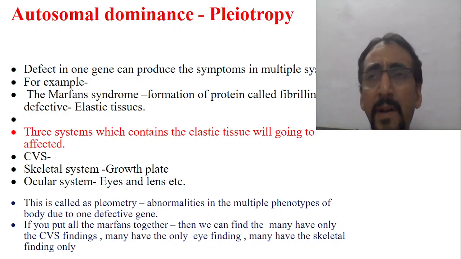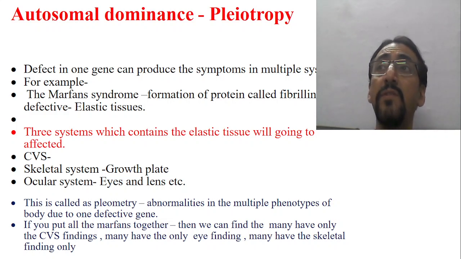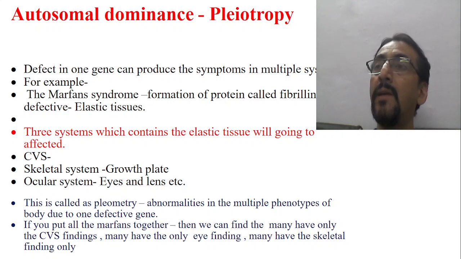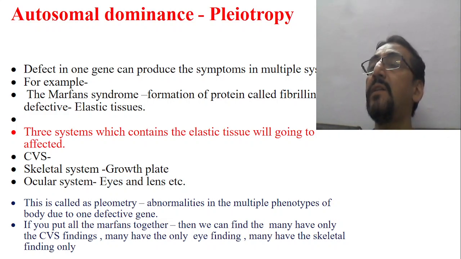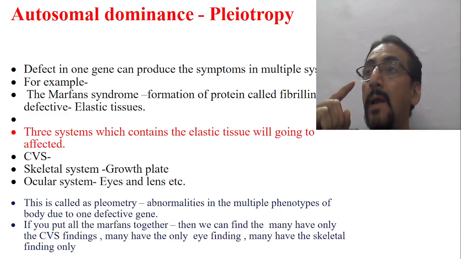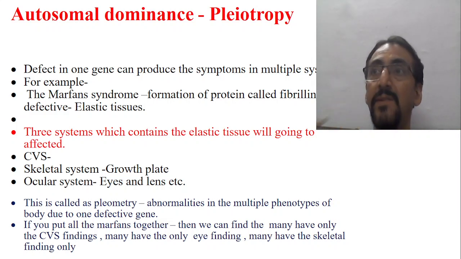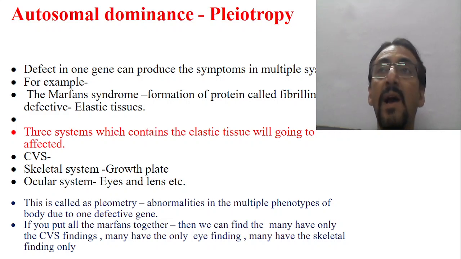So different abnormal variations related to the skeletal system will be formed. Similarly, fibrillin is also required for the formation of the suspensory ligaments of the lens of the eyeball in the visual system. So the ocular system is affected: the eyes and the lens.